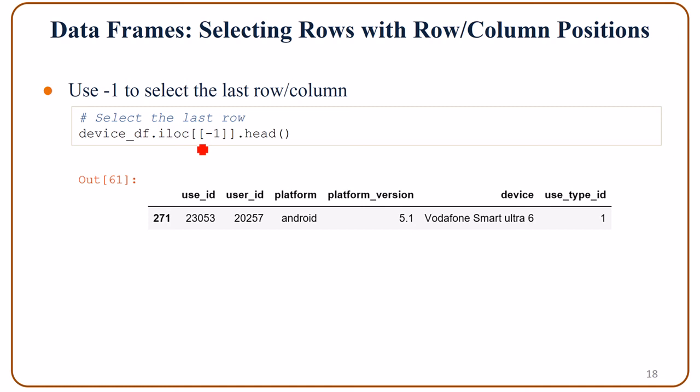And same here. If you'd like to get the last row, use -1 at the row position.